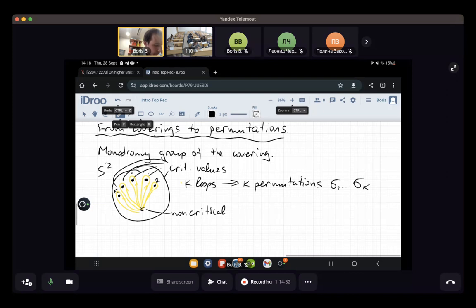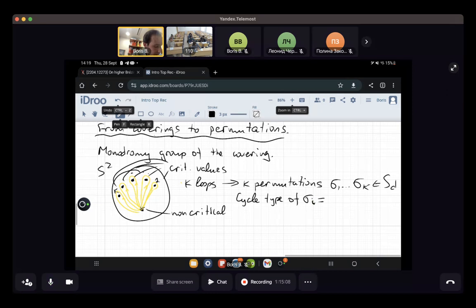Причем каждая перестановка устроена так, что перестановка сигма i, это все перестановки из S_d, ее циклический тип совпадает с вот этим набором кратностей образов критического значения номер i.